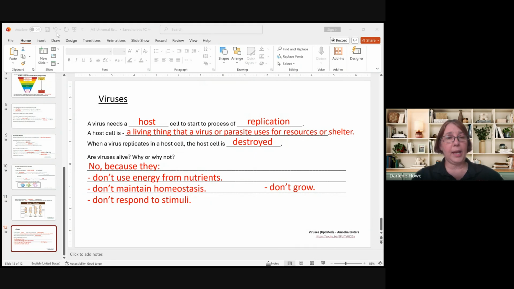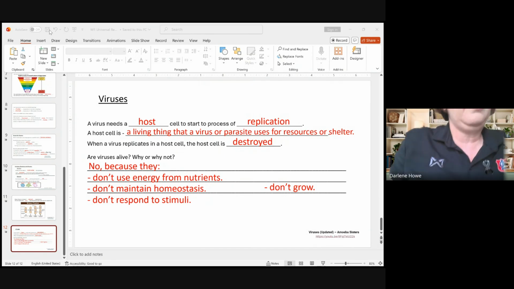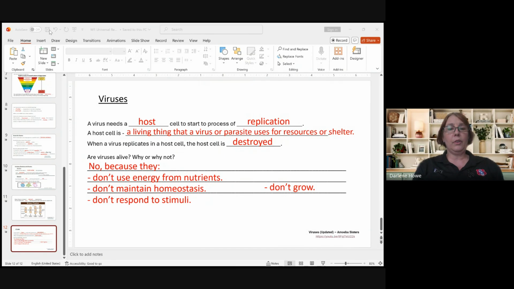They don't actually reproduce because reproduction happens in living things, not in things that we consider not to be living. Okay, viruses, we do not consider them to be alive because they don't share the same characteristics of living things that other living things have. So viruses replicate, they don't reproduce.